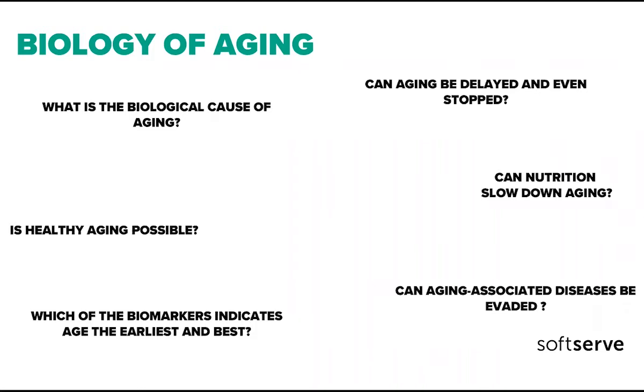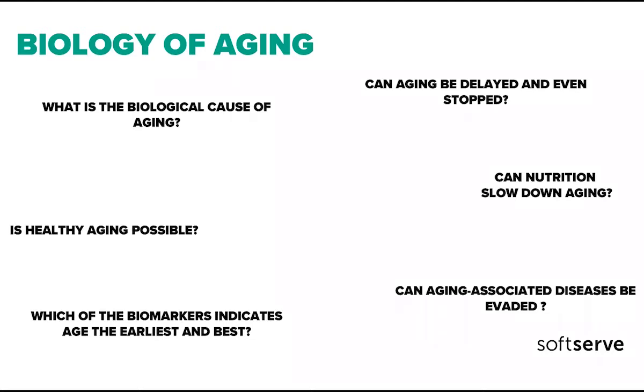And aging in general doesn't feel healthy. Then we also think about what types of biomarkers can indicate age. Of course we can look at the person and understand whether this person is aged or not, but we know that different people age differently, and there are real biomarkers that can say something about it, and those biomarkers can also be possible targets for some gene engineering that will be possible, I hope, in the nearest future.